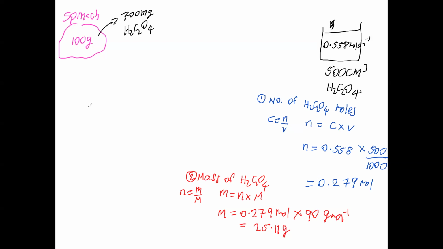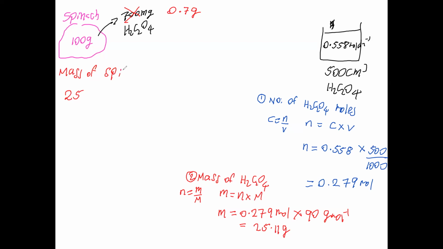But they say if you use 100 grams, you get 700 milligrams. 700 milligrams means we are actually getting 0.7 grams. So 100 gives 0.7. So we need to find the mass of spinach.